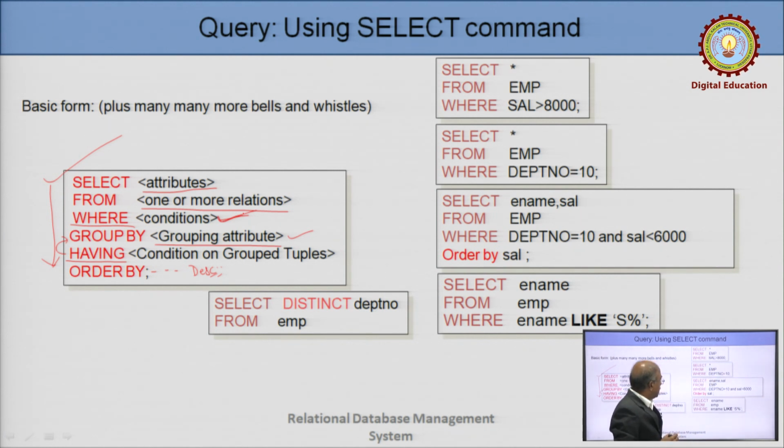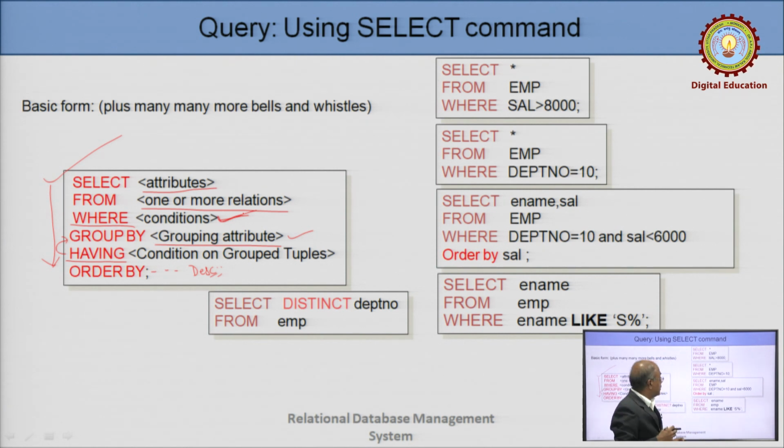Now, the second command, select asterisk, all attributes, all columns from EMP where department number is equal to 10. So, it will fetch the records of those employees who are working in department number 10. Select employee name, salary from EMP where department number 10 and salary less than 6,000. Here we have mentioned two conditions and both must get satisfied. The employee must be working in department number 10 and their salary must be less than 6,000.